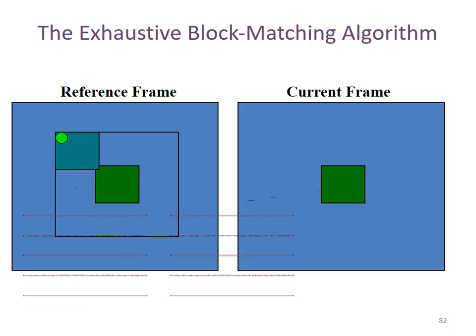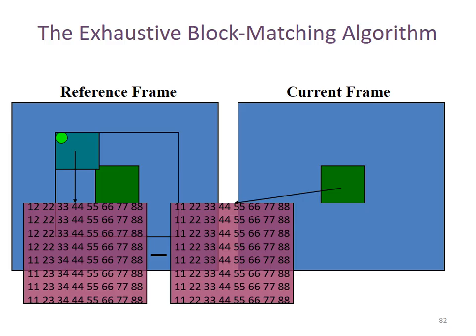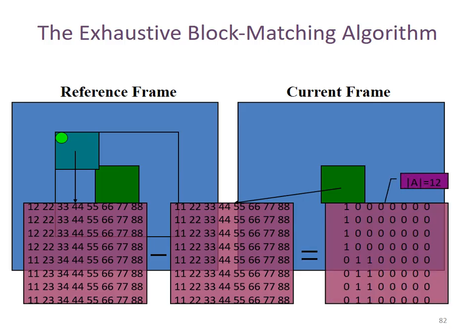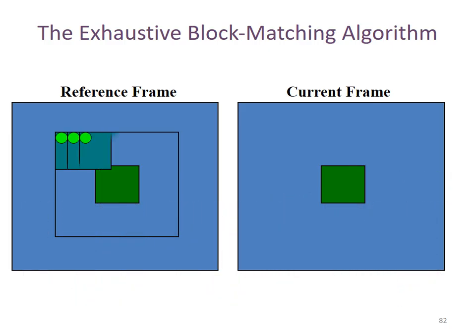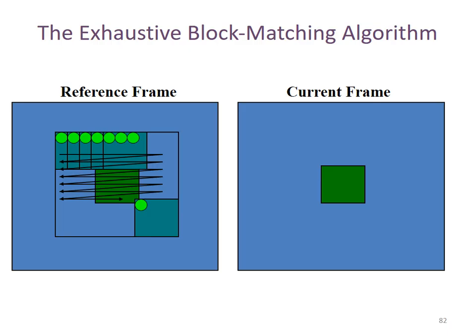And then we can move to the next candidate, for example this one and this one, in zigzag scan order within the search range, until we calculate the result for the last microblock. Okay, so among all these results, we can discover which microblock has the minimum.